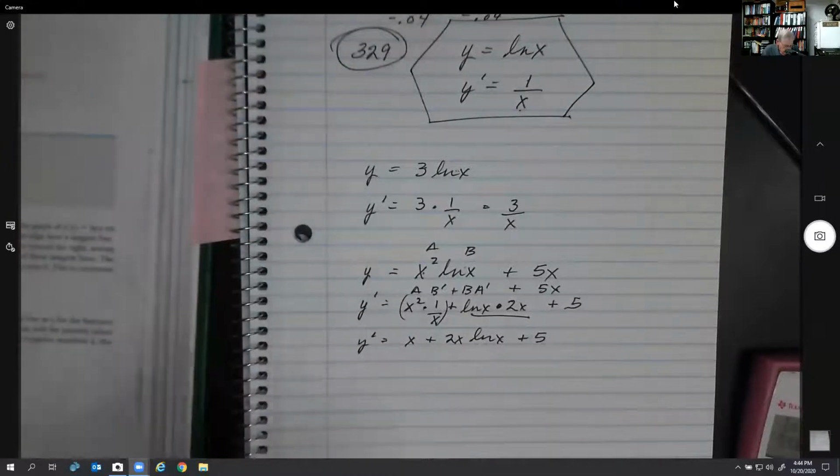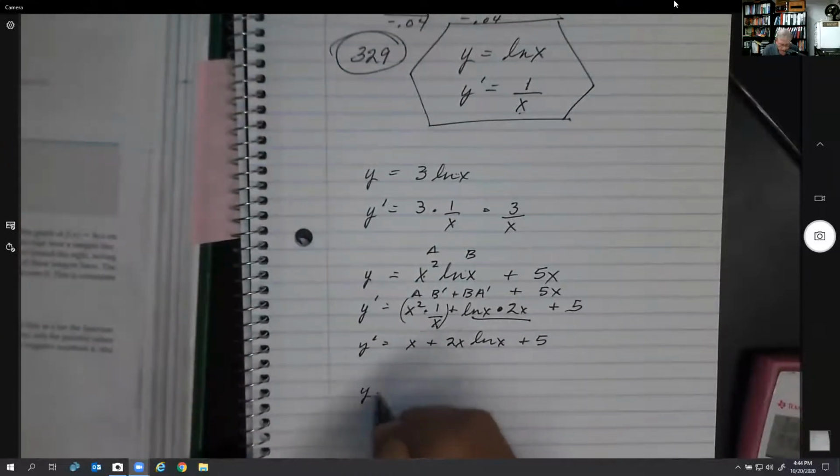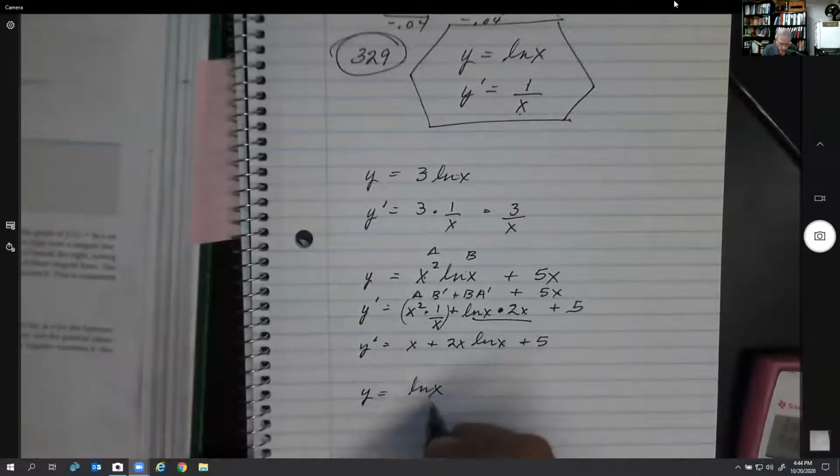Okay, what if we have y equals ln x over x cubed?